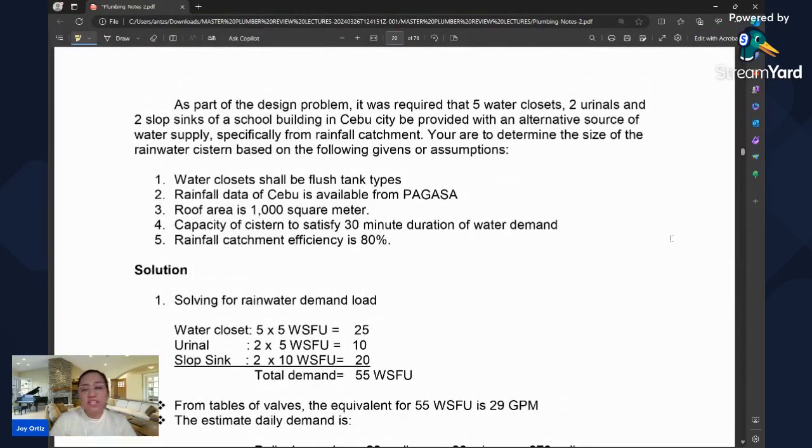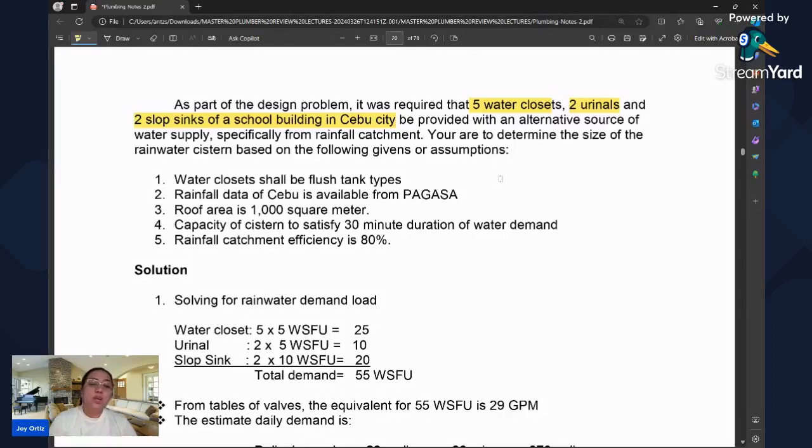As part of the design problem, it was required that 5 water closets, 2 urinals and 2 slop sinks of a school building in Cebu City be provided with an alternative source of water supply, specifically from rainfall catchment. You are to determine the size of the rainwater system based on the following given assumptions.